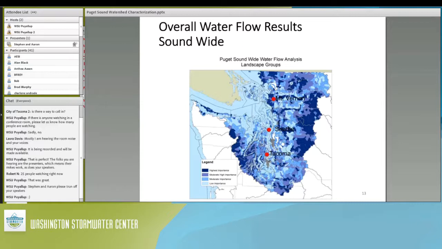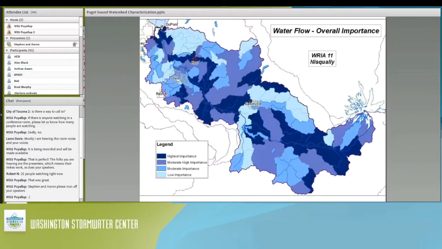Now, the advantage of the characterization is that you can run these models. It's a relative comparison between these AUs running those models. So you can do it Puget Sound wide, or you can run it at any extent that you wish. So I'm going to look at RIRA 11, the Nisqually now, and you can run the model again, and you see that you get a more detailed characterization in this case, which is relevant to questions that might be asked for this Nisqually watershed.